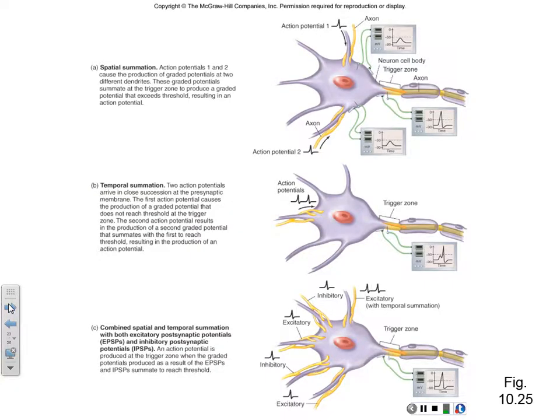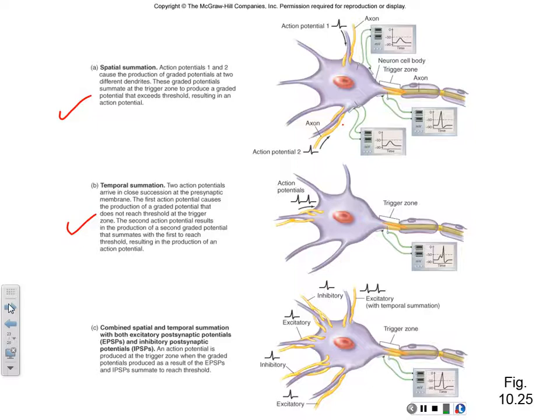Okay, this is just an example of spatial summation. Spatial summation, you have several neurons firing, and then they are causing an action potential because you end up reaching threshold, because those little graded potentials can be added up. And then temporal summation, that's when you have just the one. It fires an action potential, and another one immediately follows behind it, so that before it even came down to resting, another one hit, and then you get an action potential because it will reach threshold.